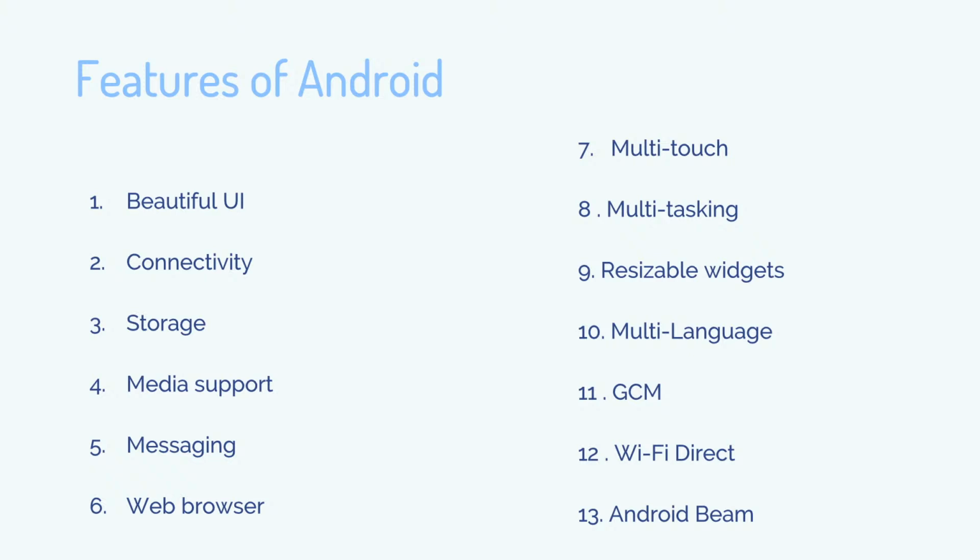Then web browsers and multi-touch. Multitasking means we can run different types of apps by splitting two screens and get the output, resizing widgets, multi-languages, and then GCM, Wi-Fi Direct, Android Beam. These are some of the features.